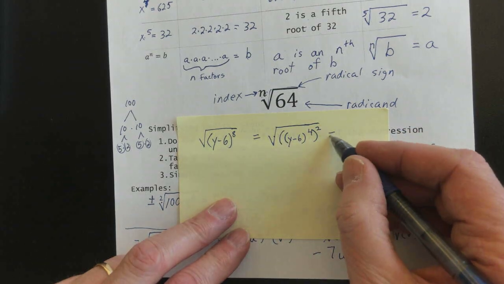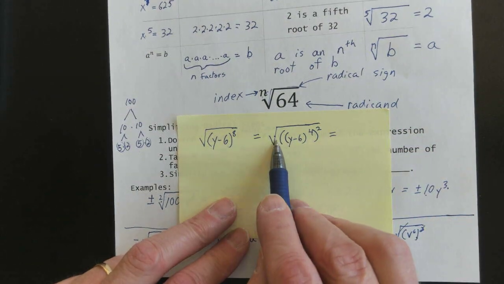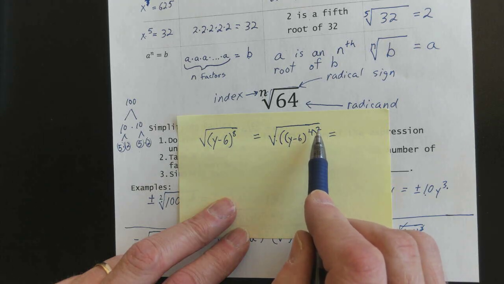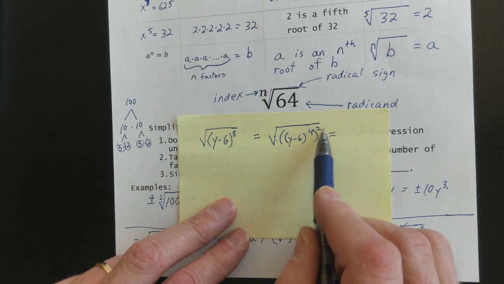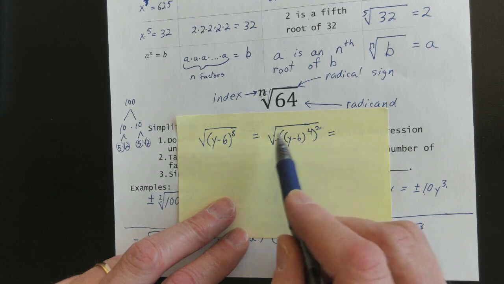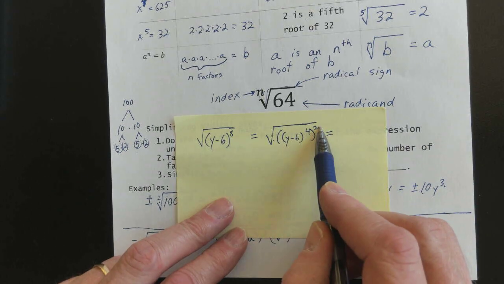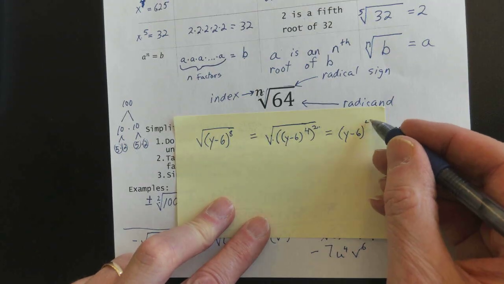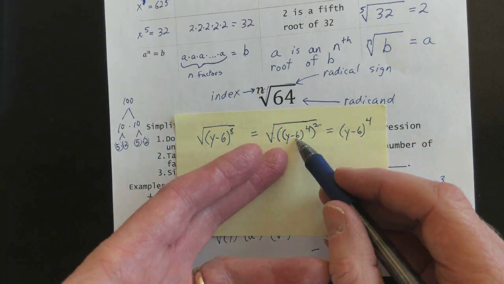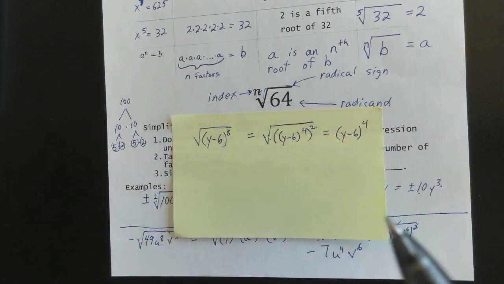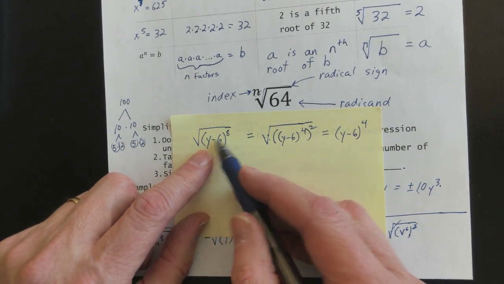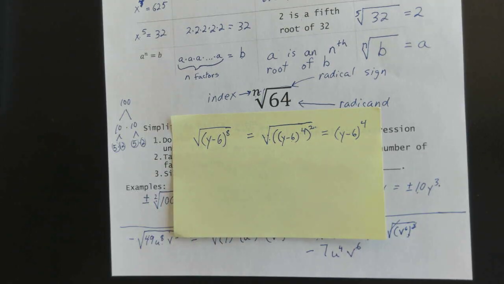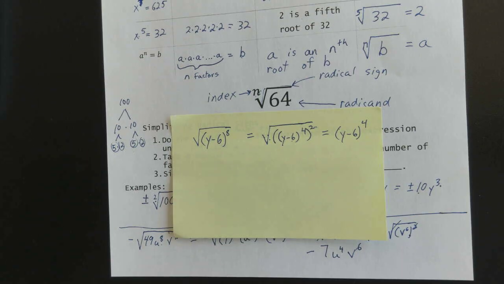What cancels out here? Which power? The second power. Square root and the second power cancel out. So all we're left with is the y minus 6 to the 4th. The big thing here, I don't want you splitting up the y and the minus 6. They're together. They're a chunk. They stay together. All right?